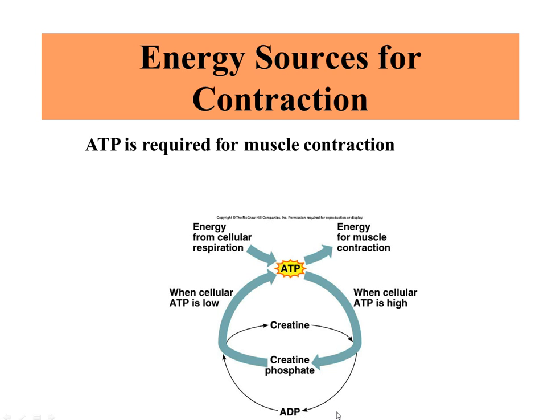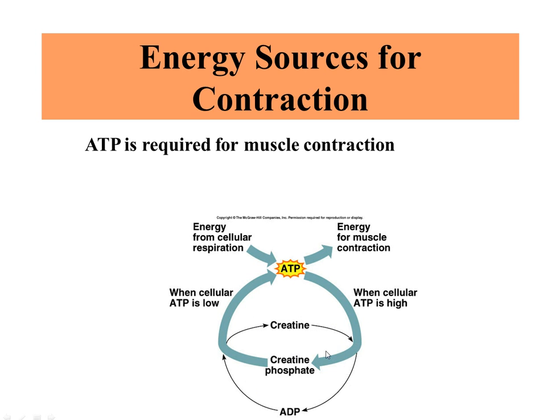That's called phosphorylation. And so that ADP is phosphorylated, or a phosphate is added to make an ATP. And then you just have the creatine. And then this breaks down into ADP plus phosphate, and then you can make more creatine phosphate. So it's a cycle.